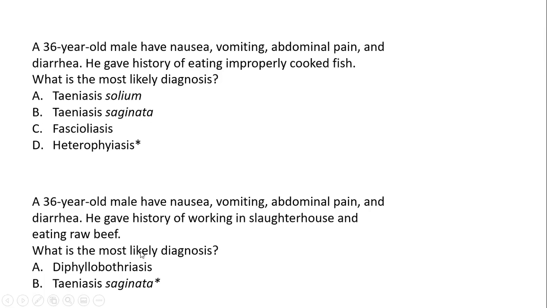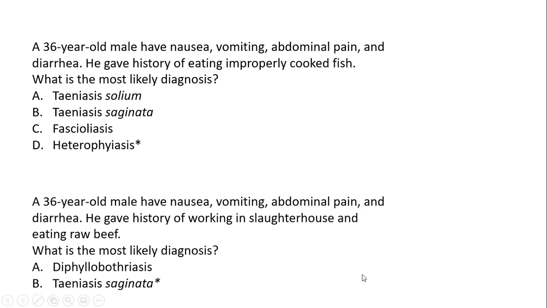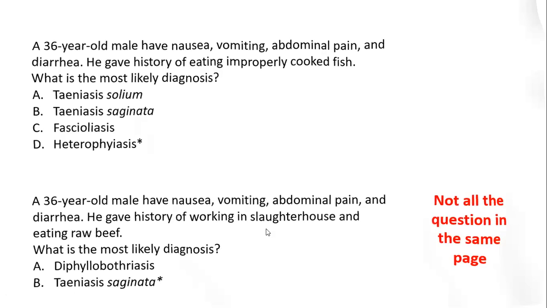What is the most likely diagnosis? Here, not all the distractors are on the same page. Okay, so this is the defect in this question: not all the question is on the same page. Let's see the next slide. C and D alternatives, which is wrong.